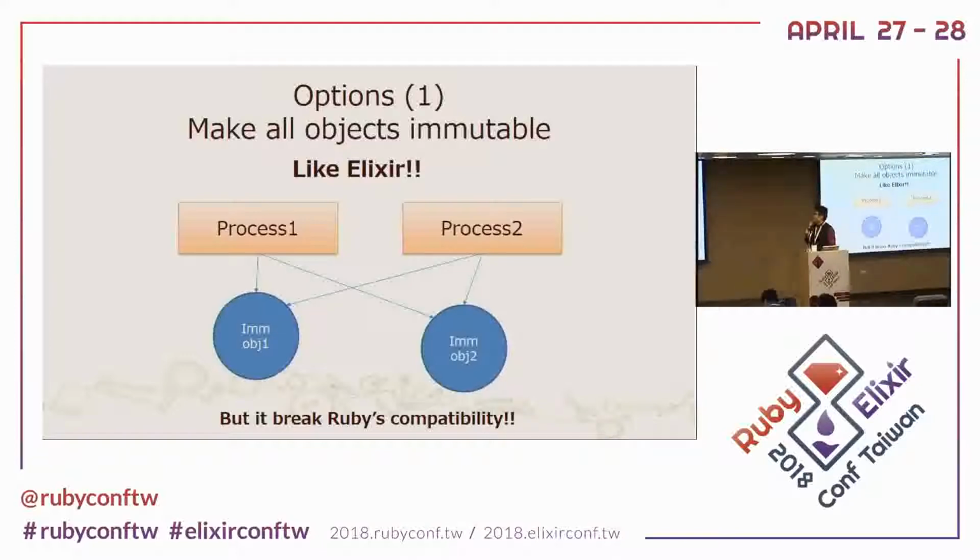Like Elixir or other languages, where everything is immutable, there is no problem using them from many processes or something like that. But it introduces a huge incompatibility. So if you prohibit some kind of assignment or something like that, maybe nobody uses Ruby 3, so we need to think of another solution.